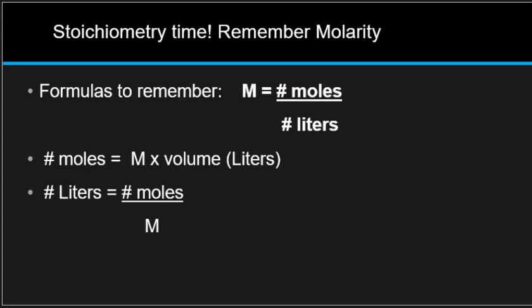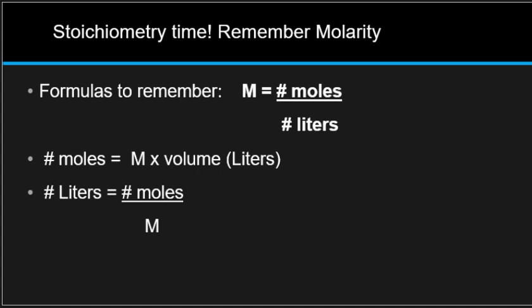Okay, so the first one is, remember what big M stood for? Who remembers? Molarity. Number of moles divided by number of liters. This is very helpful. We're just going to move this around now. That way I can get moles if I multiply M times liters.